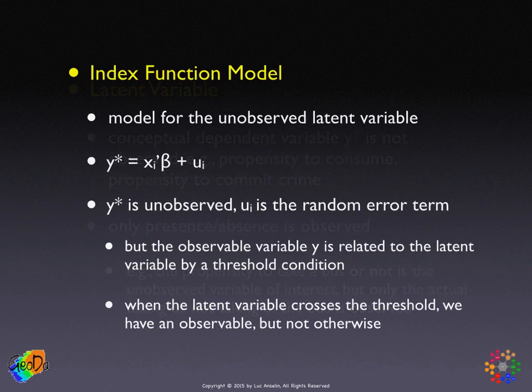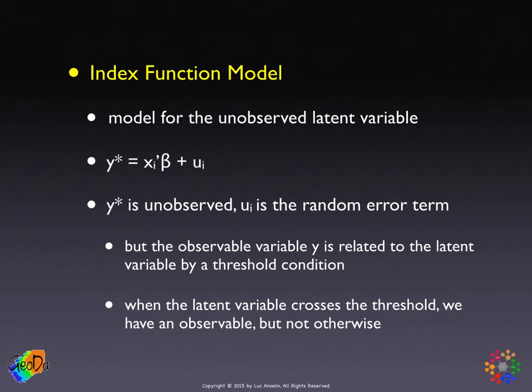And so with this latent variable, we construct what is called an index function model, which is a model for the unobserved latent variable. And the easiest case is the linear case, where it writes just like a standard linear regression, y star is a function of x_i beta, and then an error term.